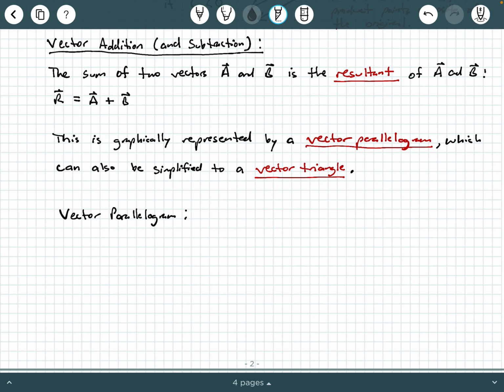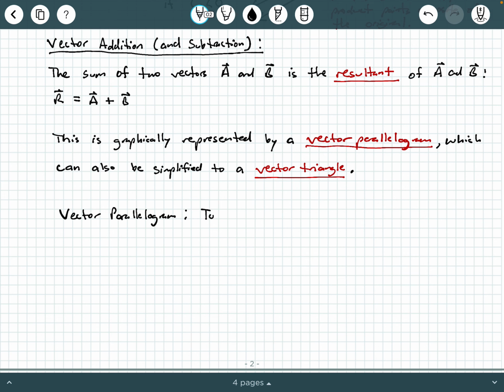This is graphically represented by a vector parallelogram, which can also be simplified to something called a vector triangle. So let's talk about what that is. And again, this might be a good point to pause and rewind and write all of this down. Remember, you really should be writing this down if you want to learn this the best. So what is a vector parallelogram?